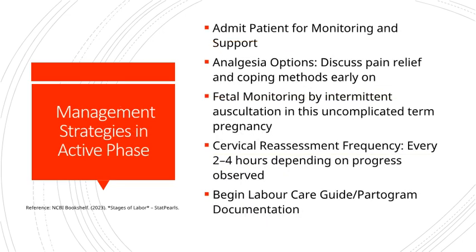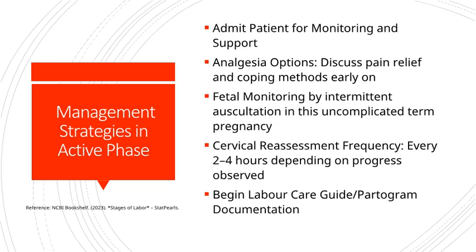Once a patient enters the active phase of labor, admission for monitoring and support is appropriate. Labor care guide or partogram documentation should begin. In active labor, monitor the maternal vitals approximately every 2 to 4 hours if everything is progressing well. The fetal heart rate should be monitored by intermittent auscultation for an uncomplicated pregnancy and spontaneous labor.